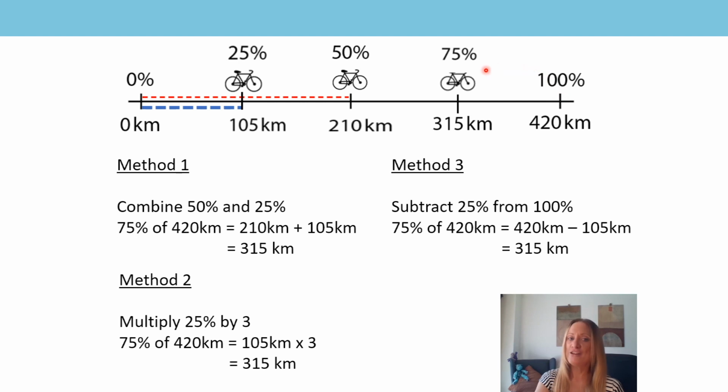So we can decrease by 25%, can't we? So 75% of 420 is also equivalent to 420 subtract 105, which is the value of 1/4. And we get the same amount, don't we? So lots of different ways there. But actually, when we think about it, we found the unknown percentage by using our known facts, didn't we? We looked at the percentages we did know and combined them to find the ones we didn't.